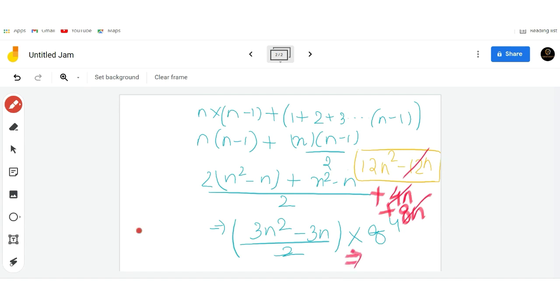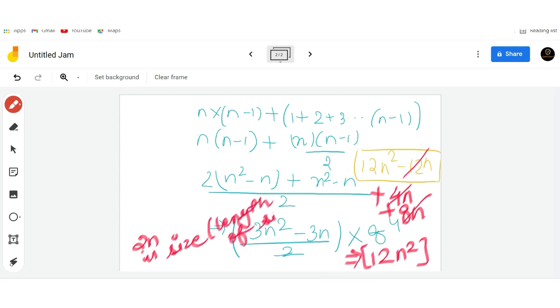So our final answer will be 12n square. If 2n is the length of a side, then the number of apples will be 12n square. Okay, so I hope it is clear till now.